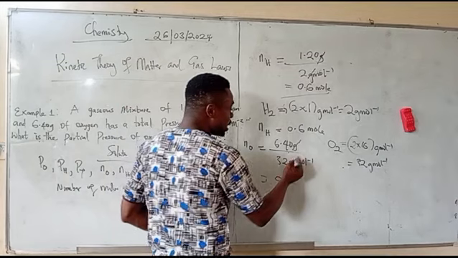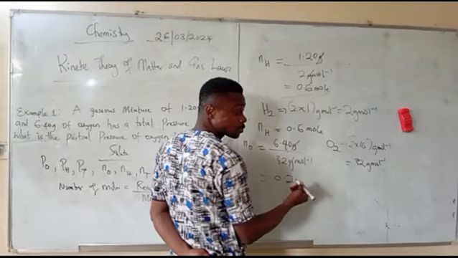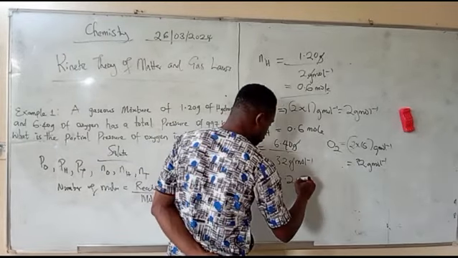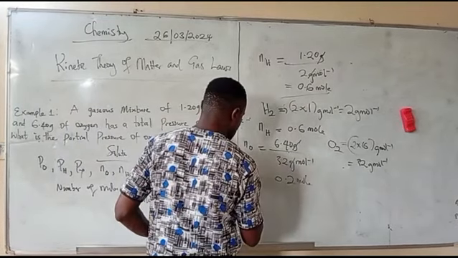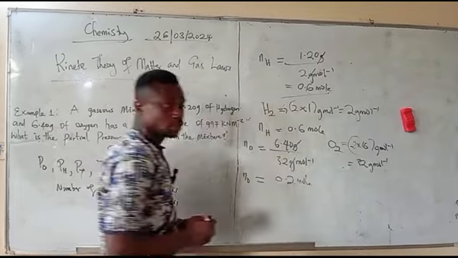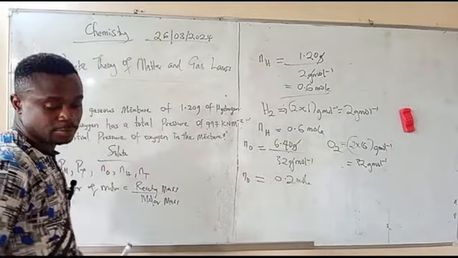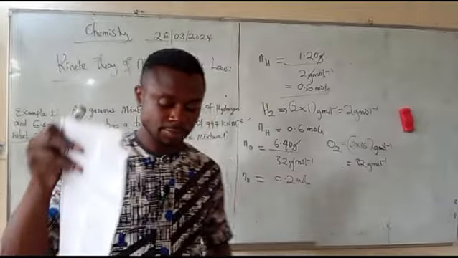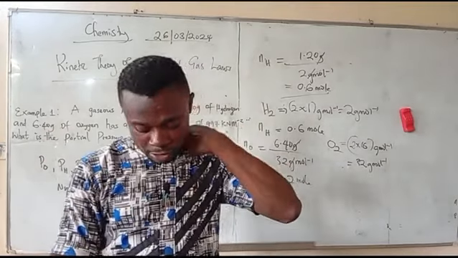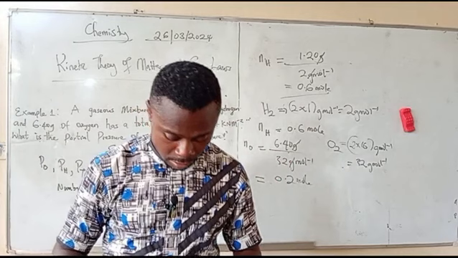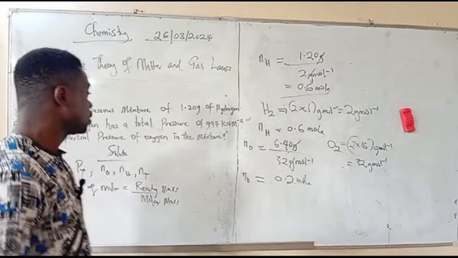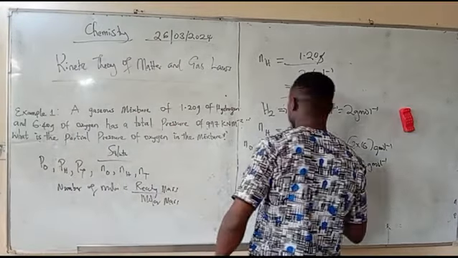So 0.2 moles. The number of moles of oxygen is what? Alright, 0.2. We have the number of moles of oxygen and the number of moles of hydrogen.